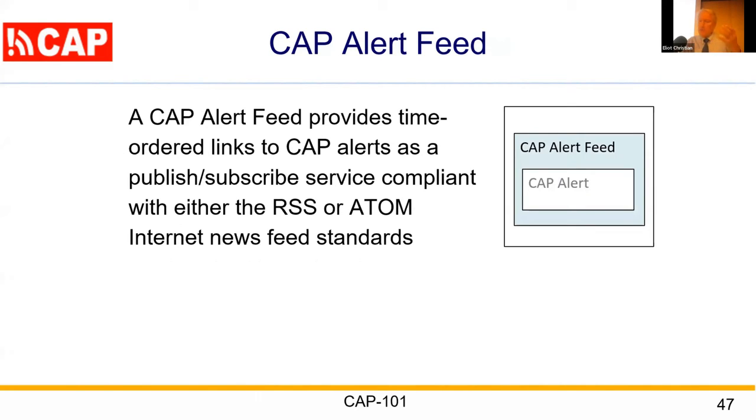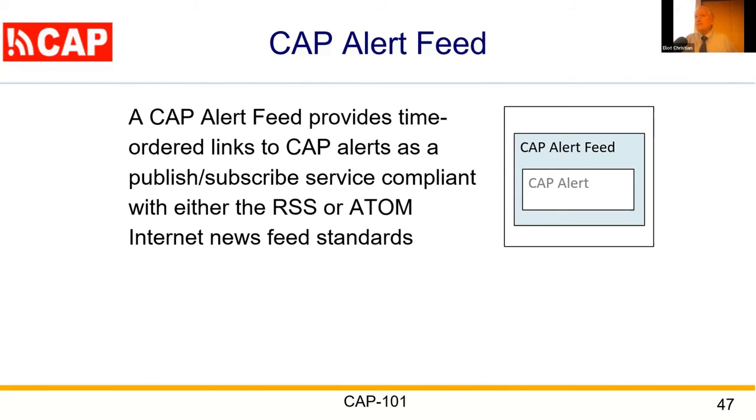Next up, a CAP alert by itself is just one data at rest. To get a series of CAP alerts, we have a CAP alert feed. That's the access mechanism to the individual CAP documents, if you will. This typically provides time-ordered links to the CAP alerts.